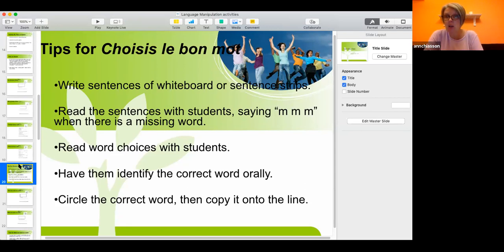Alors ça, c'est complètement correct, mais c'est sûr qu'ils vont avoir besoin d'appui d'un adulte parce qu'ils sont plus jeunes. Alors, on modélise en grand groupe et on peut jouer en petit groupe pour se rendre à la feuille d'activité.